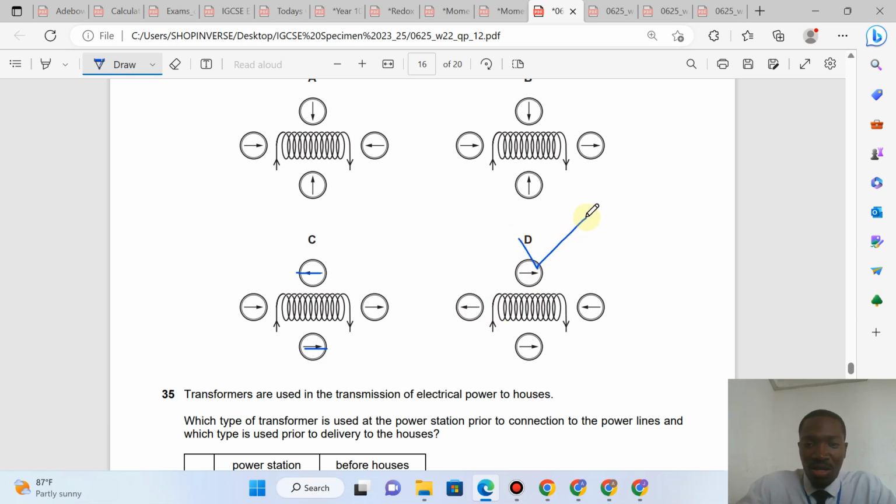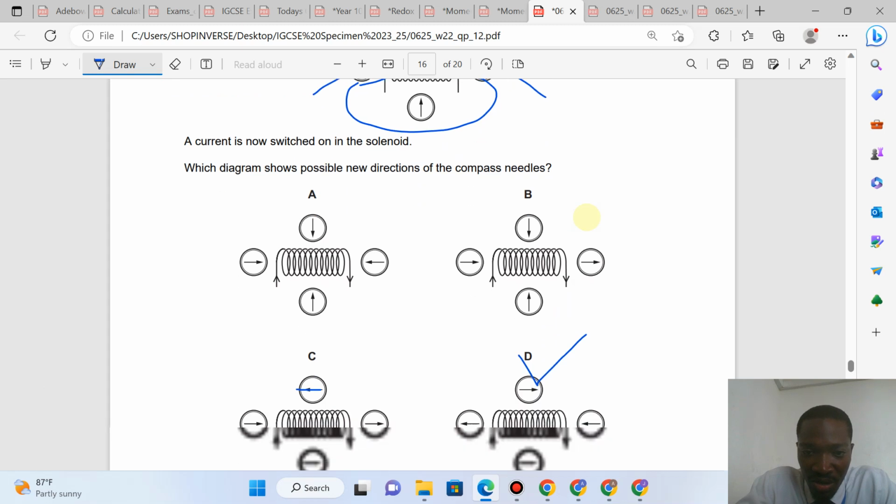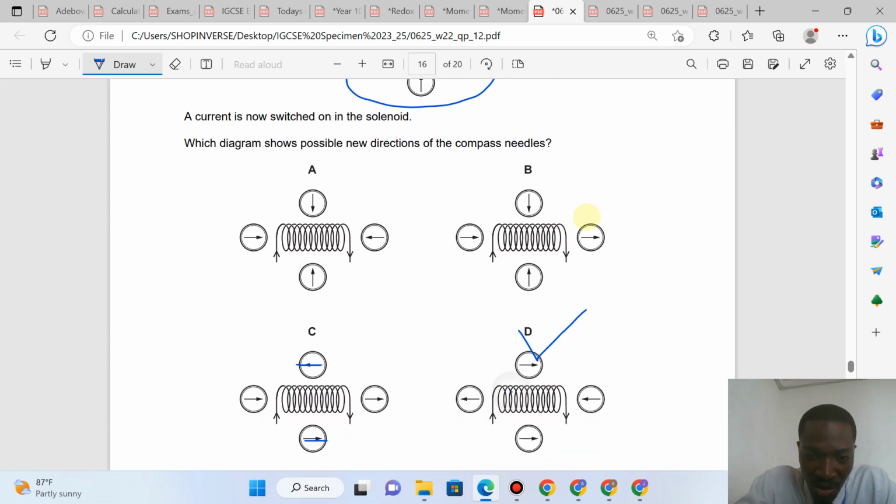So in this case, considering the direction of the current flowing, the arrows now show the direction of the current. Magnetic lines of force will go this way and return. They also go this way and return. And here we have the lines of force going this way.